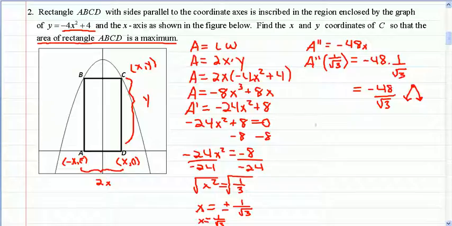So to find the y-coordinate that corresponds with 1 over the square root of 3, I take the equation y equals negative 4x squared plus 4, and I substitute x equals 1 over the square root of 3 in for x.